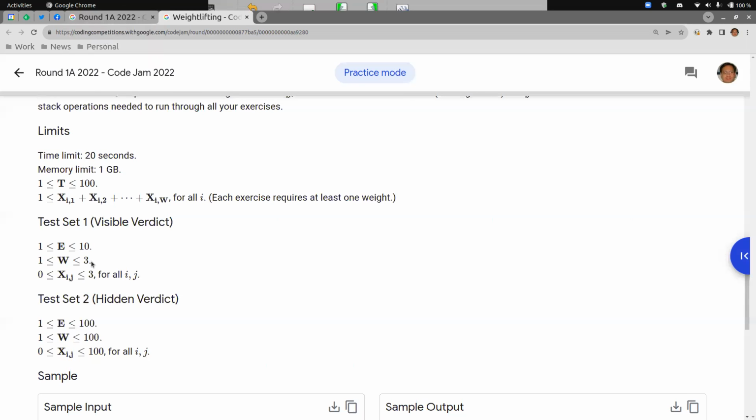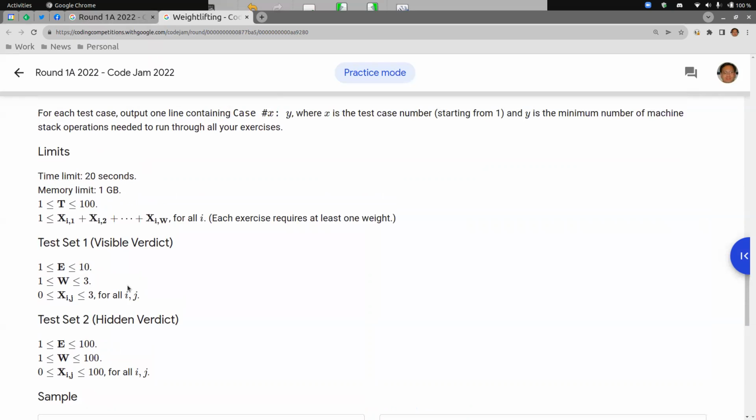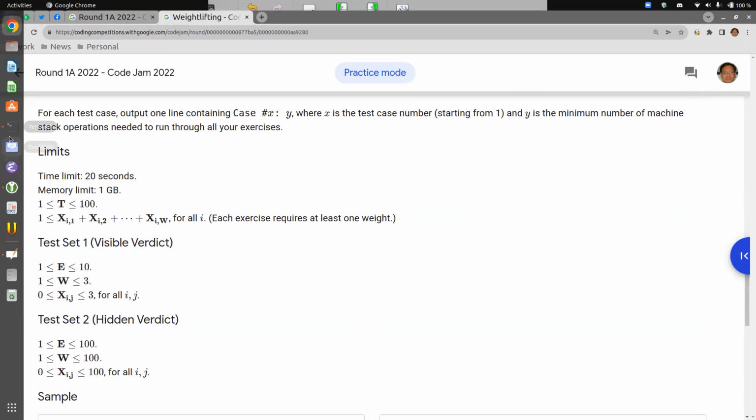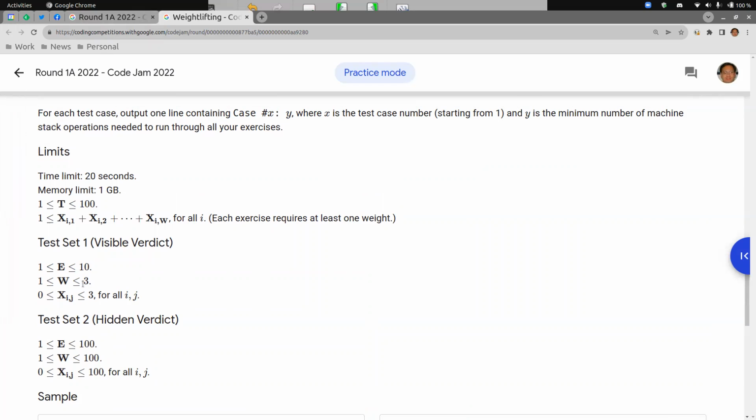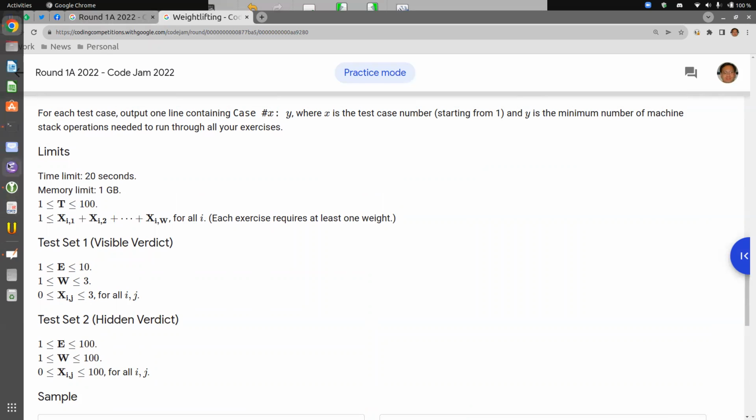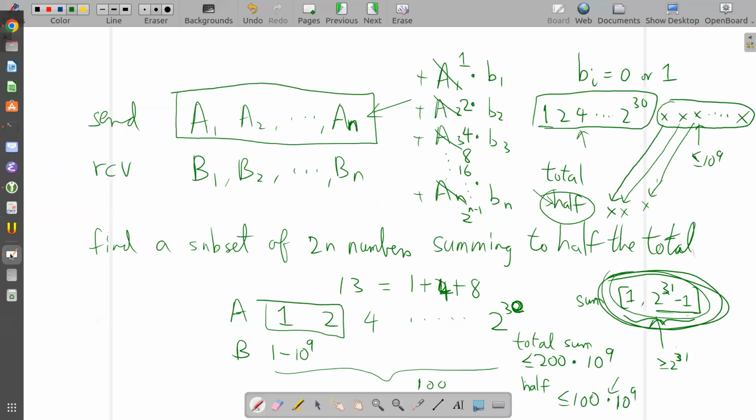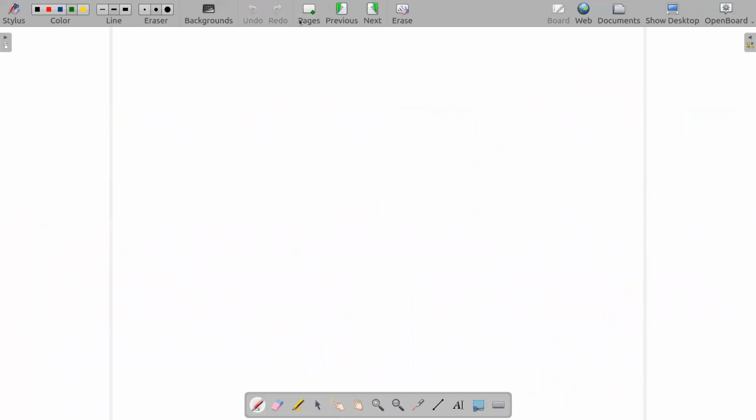Anyway, so what is this small test case about? There are at most 3 types of weights, and each exercise can use at most 3 weights of each type. So you can kind of do a quick estimate. How many different stack configurations can there be for an exercise?